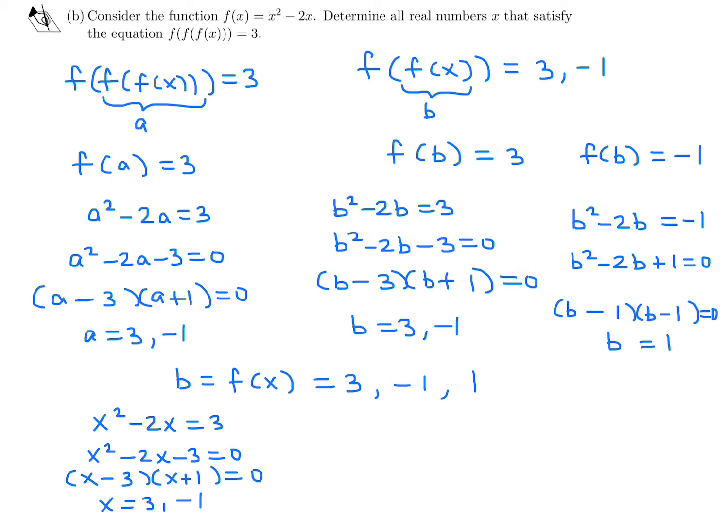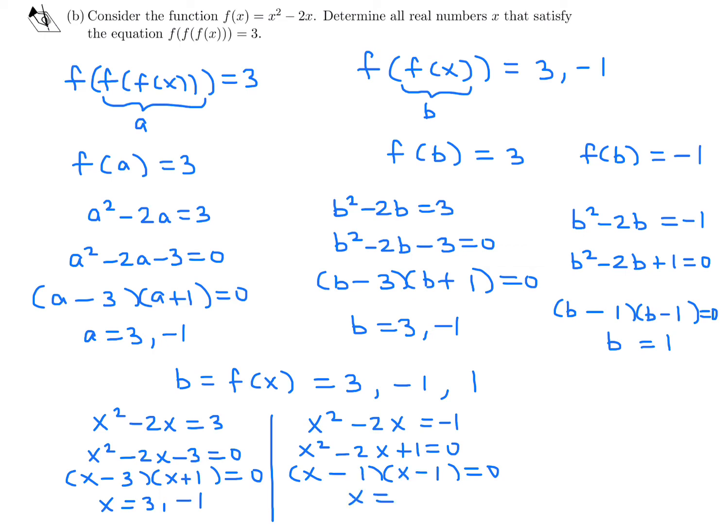Now let's look at that one, where f of x is equal to negative 1. So that would mean x squared minus 2x is equal to negative 1. So x squared minus 2x plus 1 is equal to 0. Factor that, and x is equal to 1. And then now we use that one, 1. x squared minus 2x is now equal to 1, so x squared minus 2x minus 1 is equal to 0. This one I do not believe factors, so I have to use the quadratic formula, unfortunately.